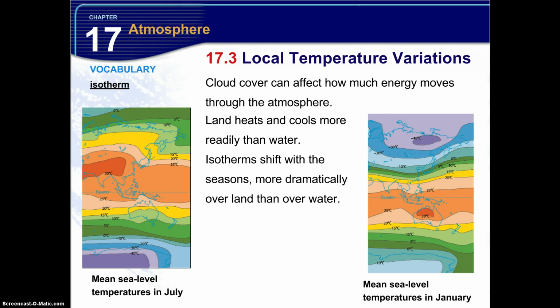So the question is, why does the temperature of land vary more than the temperature of water? The reason is that water and land warm up and cool off at different rates. Water warms much more slowly than land for many reasons. Now, heat energy from insolation spreads through a greater depth in water than on land. Now, on land, insolation warms only the top few centimeters of the soil, but the sun's rays penetrate to a depth of many meters in the water.